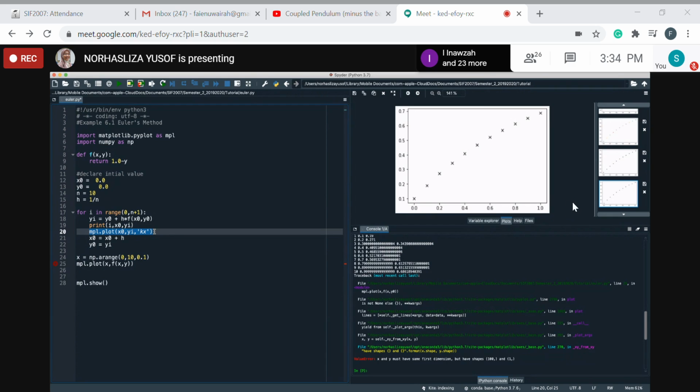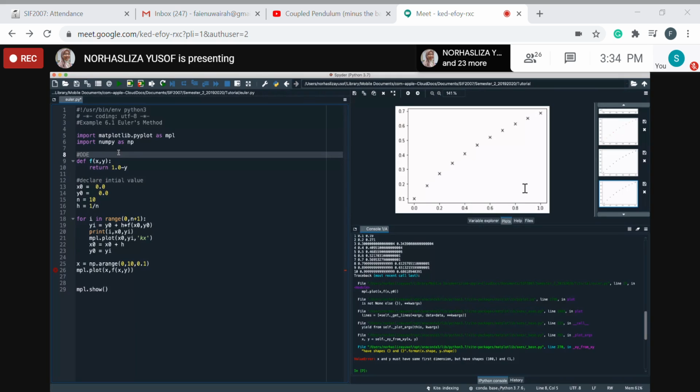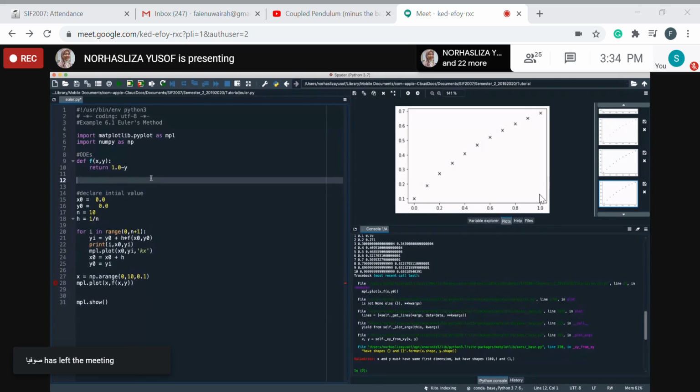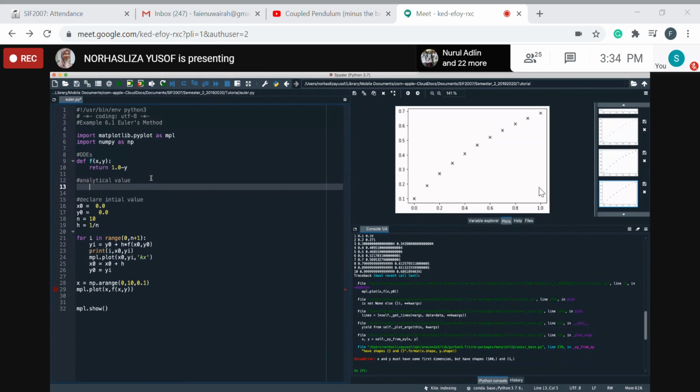Okay, so remember that we have this function. This is our ODE. Then we have to find the analytical value. The only value that can be changed here is your x, all right?